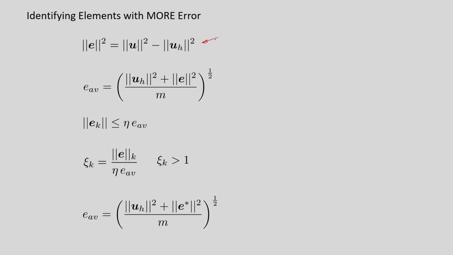Now let us look at this piece of information. This equation says that the energy norm error squared is equal to the energy norm of the system corresponding to the exact solution u, minus the energy norm of the system corresponding to the finite element solution. From the properties of the finite element solution, it can be easily proved that the energy norm of the system squared is equal to the energy norm corresponding to the finite element solution plus the energy norm error squared.